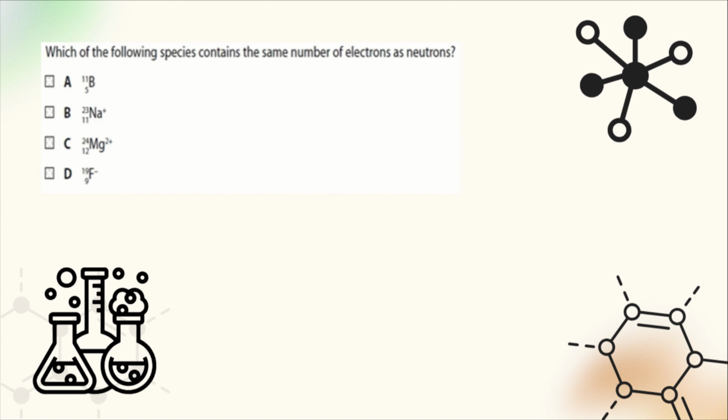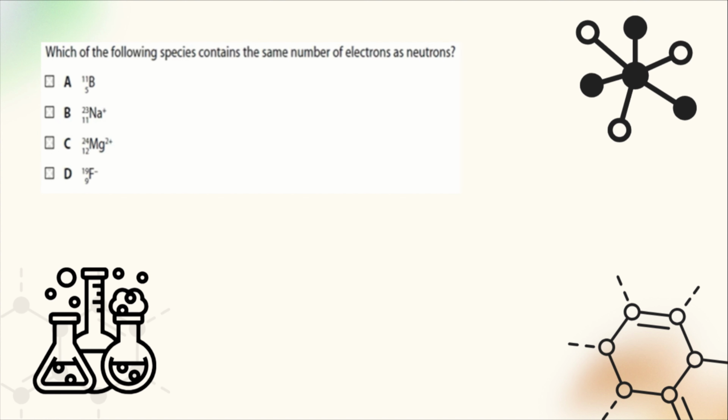Which of the following species contains the same number of electrons as neutrons? So for boron we have 5 as proton number and electron number, and we have 11 as mass number. So 11 minus 5 means 6 neutrons but 5 electrons, so it's not the same.